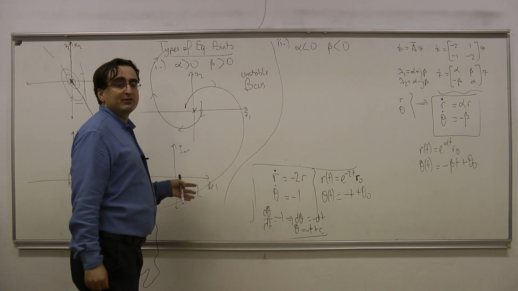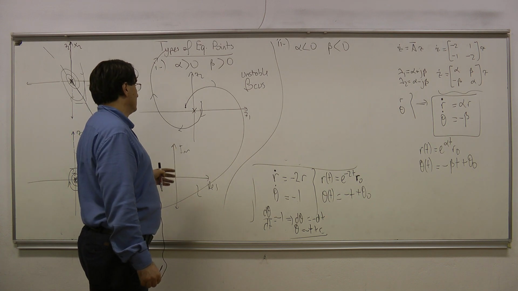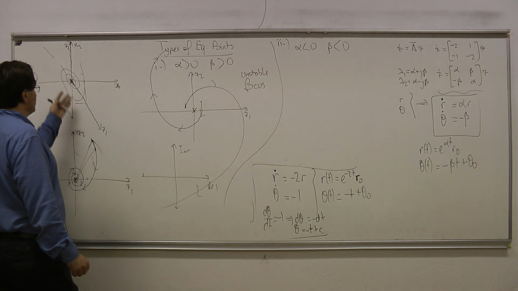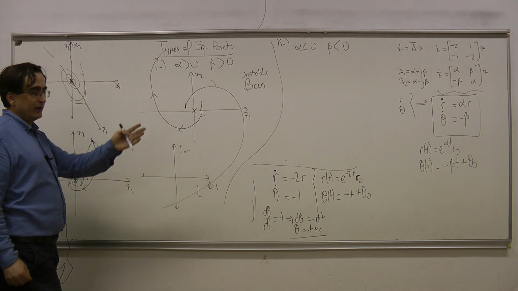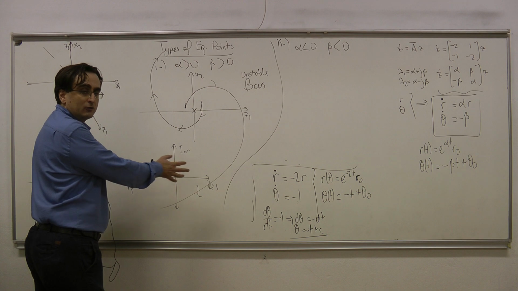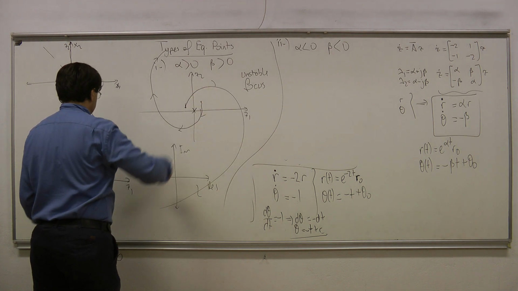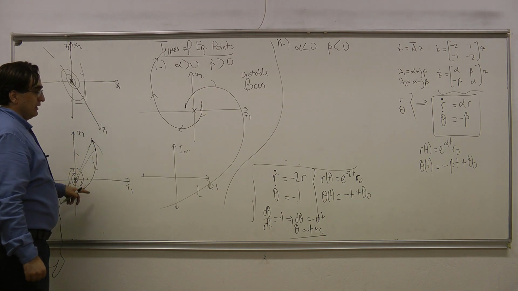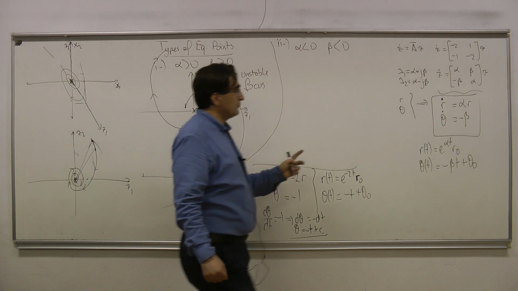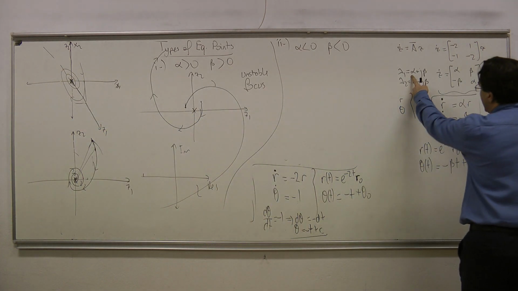That means that we have a stable system. So here, in this case, we are looking at the eigenvalues of A. If they are in the left half plane, then the trajectories would be stable. And whether they are in the left half plane or not is determined by alpha.